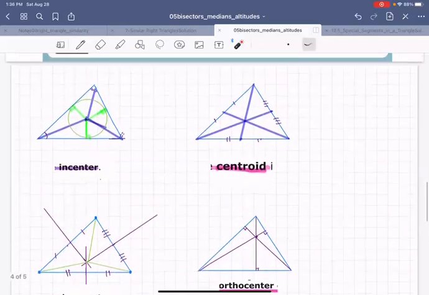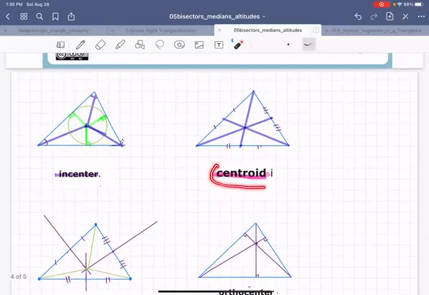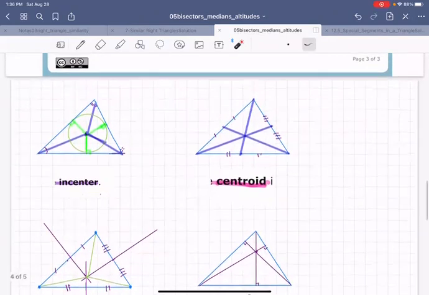Okay. Next, we talk about the centroid. Definition of centroid: midpoint, midpoint, midpoint. You connect this and this and this. So these 3 medians will cross at 1 point.